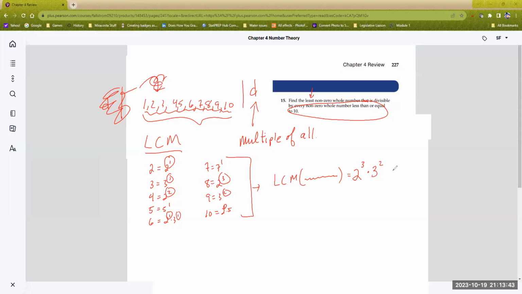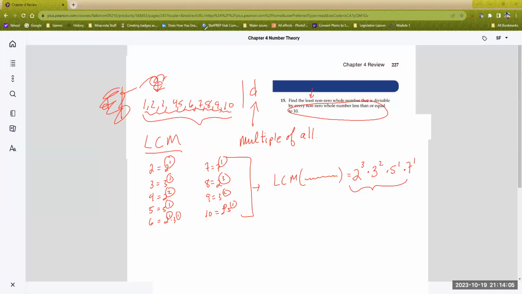Then for 5s, the most is 5 to the 1, and for 7, I have 7 to the 1. This is the least common multiple of all of those numbers, and every one of those numbers would divide into it.